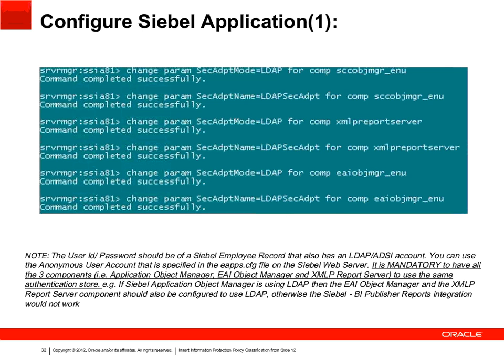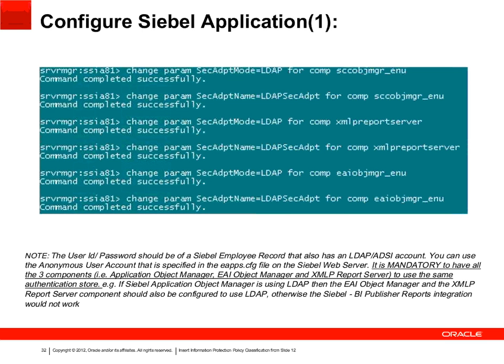Just as a reference, the commands shown in the diagram show how to configure the security adapter mode and the security adapter name by using the Server Manager command line utility. You can also change these parameters by navigating in the application to the Administration - Server Configuration screen, then Server and Component Definition, and selecting the parameters.